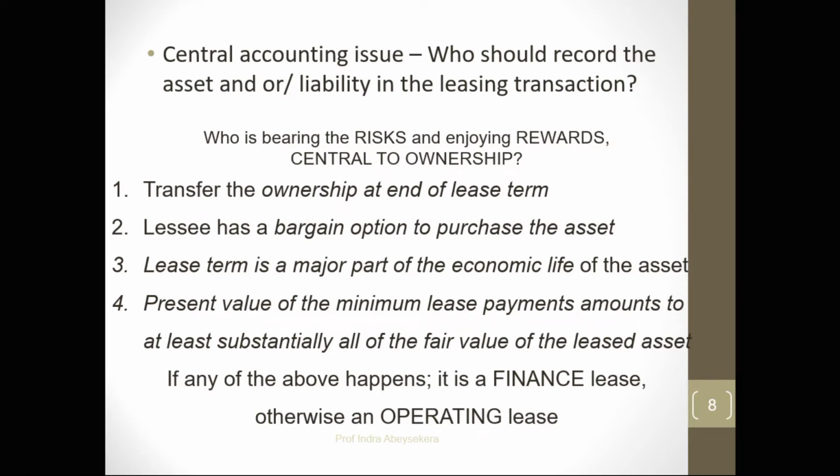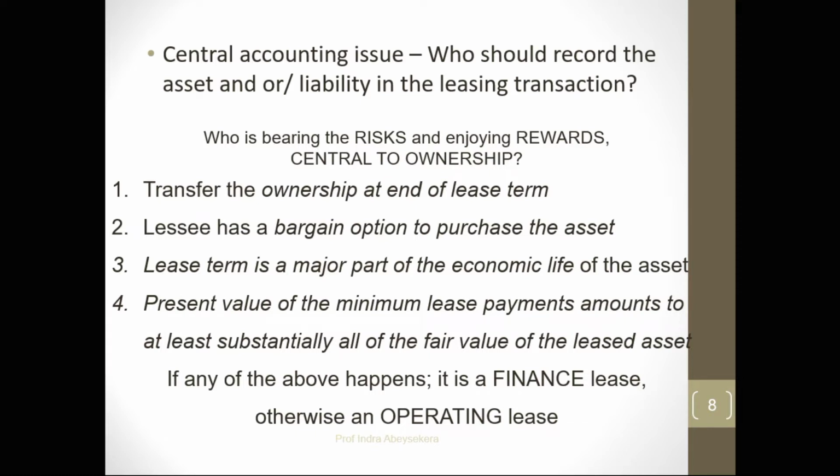To find out how to classify these leases as finance and operating leases, we have to look at 4 aspects. Transfer, whether there's an ownership transfer at the end of the lease term. There's an option to purchase the asset by the lessee at a bargain, which is an incentive.